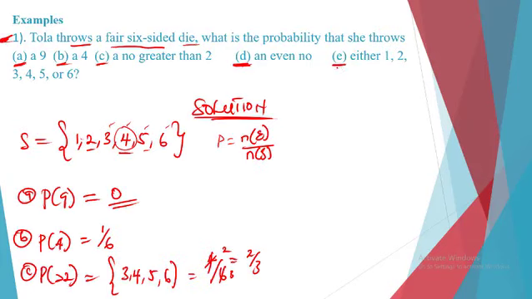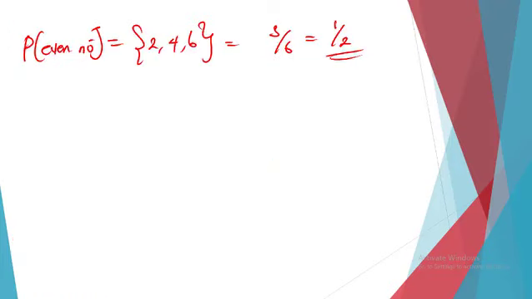Then we'll have E, either 1, 2, 3, 4, 5, or 6. So we start. Probability of 1, 2, 3, 4, 5, or 6.